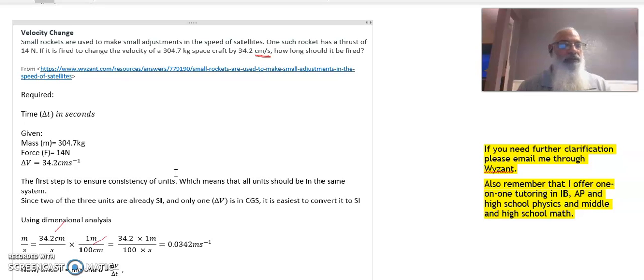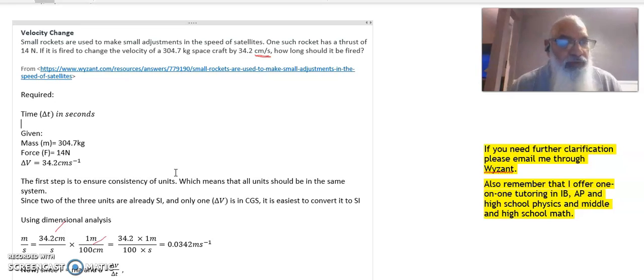And then they are giving us the force or the thrust that the rocket produces, and we're going to use the symbol F for that, and it's 14 newtons. The next part is the change in velocity that we were harping about a second ago, that the change in velocity of 34.2 is given in centimeters per second.